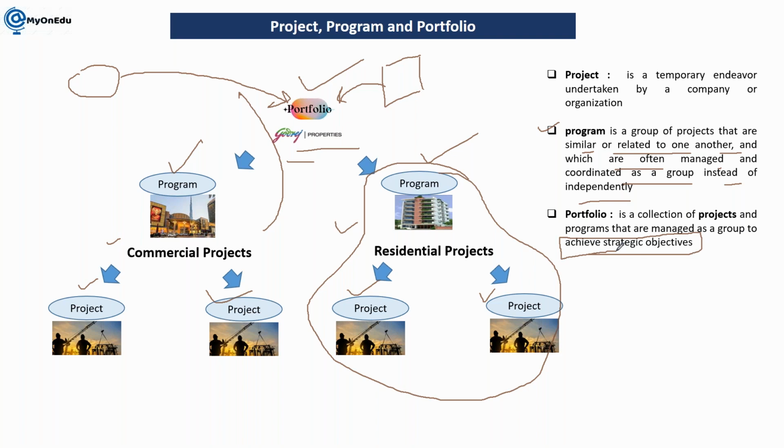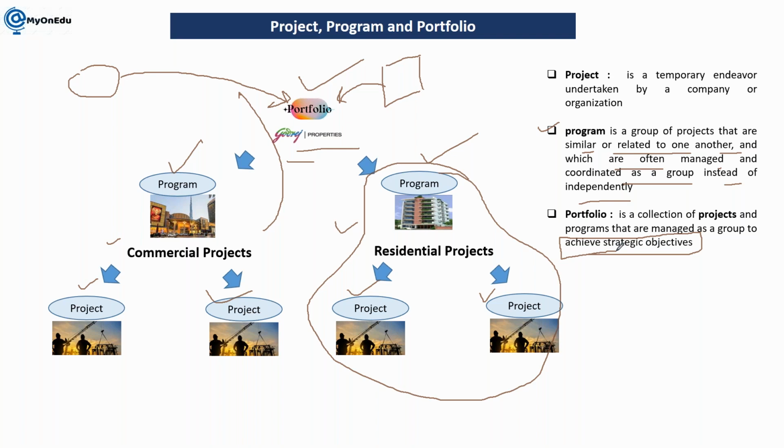Portfolio: why are we executing it? We are executing it to achieve the strategic objectives of my organization. Similarly, if I take the example of ABB, ABB as a company has different divisions, like robotics, and ACS, alternate current system.